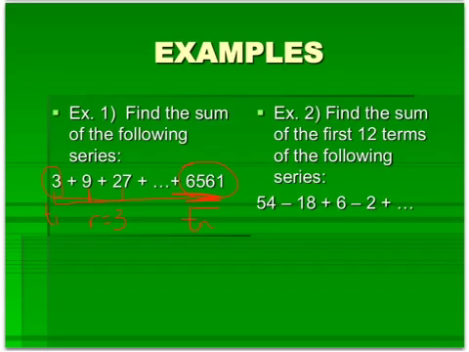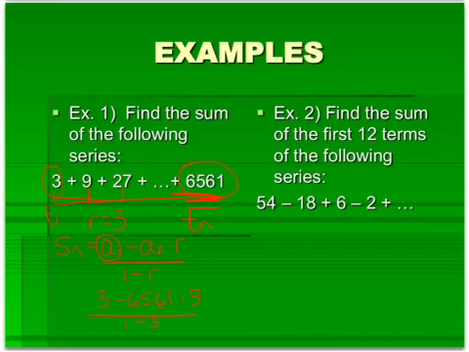So if we fill into our formula, there's our general formula, and so we're going to replace the first term with 3. Minus the last term, 6,561, times our r, which also happens to be 3, but that's a coincidence, all over 1 minus 3, which is -2.